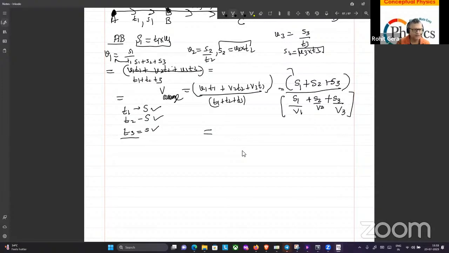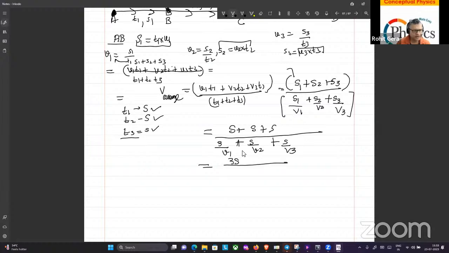I'm going to put all of these as s plus s plus s, divided by s upon v1 plus s upon v2 plus s upon v3. Can you see s will get cancelled because it is common in the numerator and the denominator?